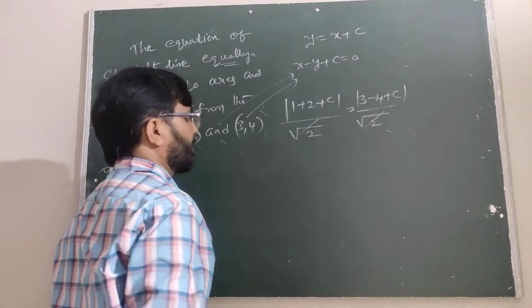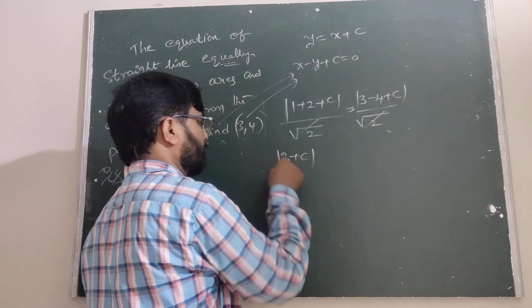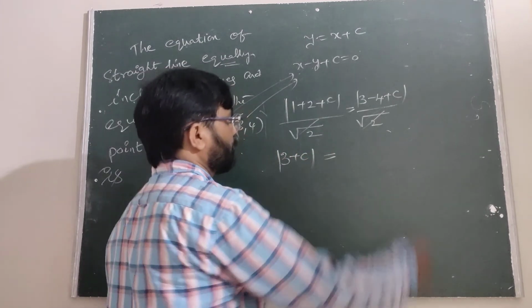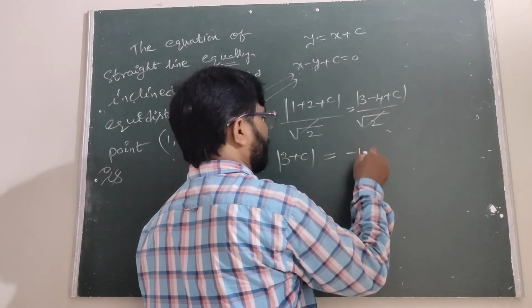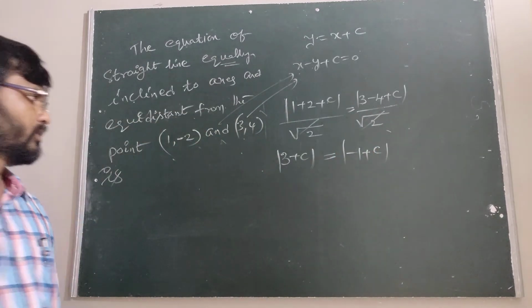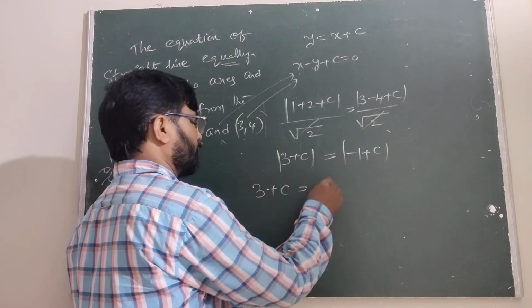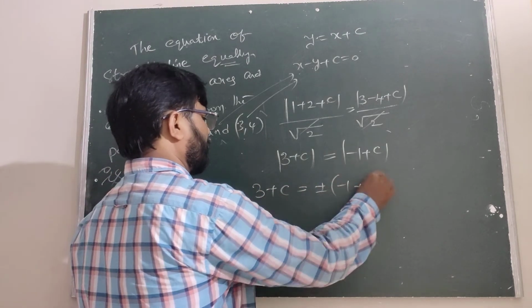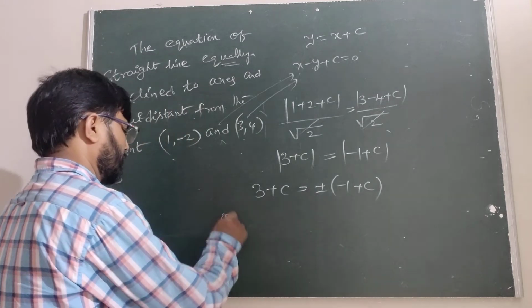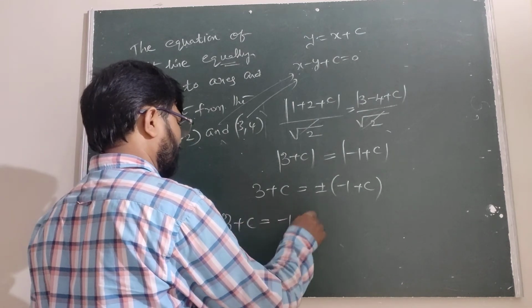These two roots cancel. Now 3 plus c equals 3 minus 1, that is minus 1 plus c. Therefore we can remove the modulus: 3 plus c equals plus or minus of minus 1 plus c.